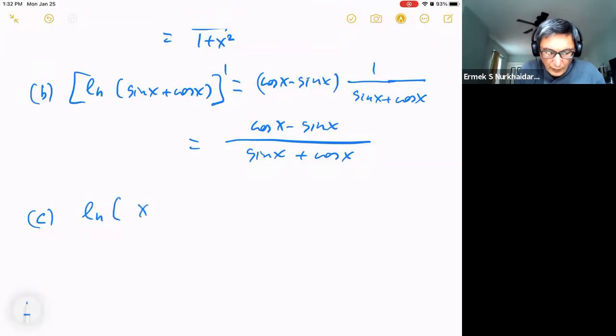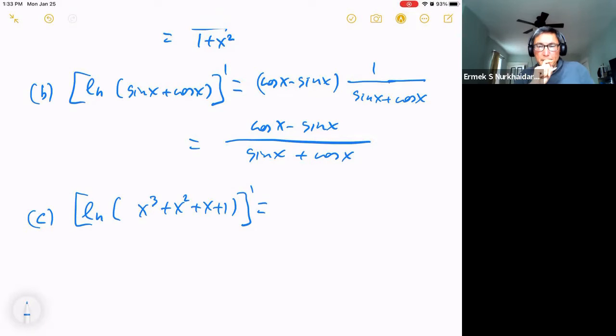Now the derivative of ln of x cubed plus x squared plus x plus 1. Actually, I'm going to give you a minute or two to try to figure out what the derivative of that expression will be. Okay, let me try to catch up on you. The derivative of the outside function, the derivative of natural log, is 1 over, and we keep the original argument, x cubed plus x squared plus x plus 1.